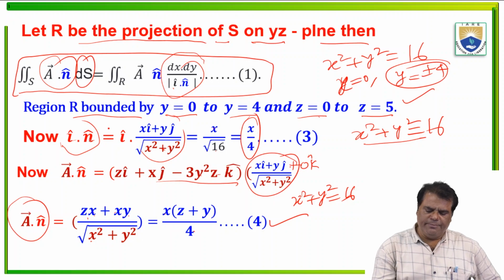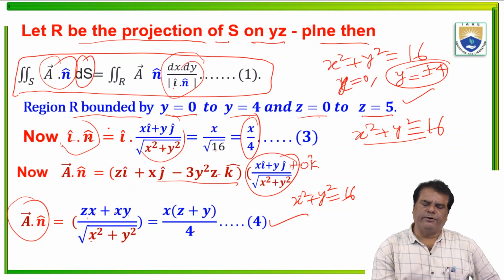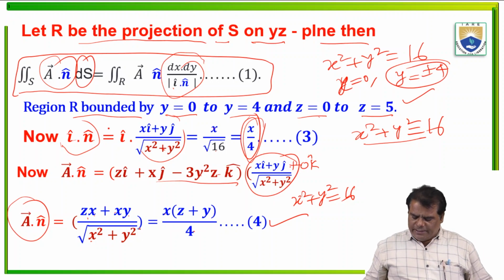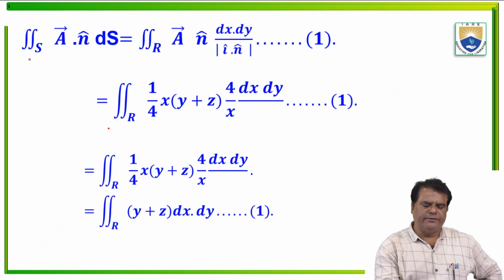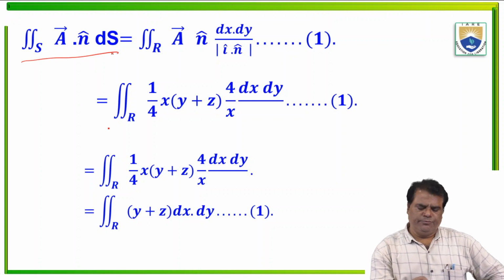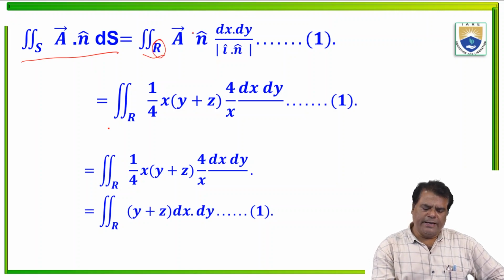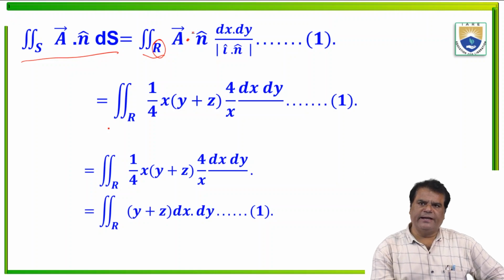This is equal to x by 4. We find out this value. Now putting all values in our integral, we find the double integration in region R of A vector dot n cap, dx dy upon i dot n. This equation.